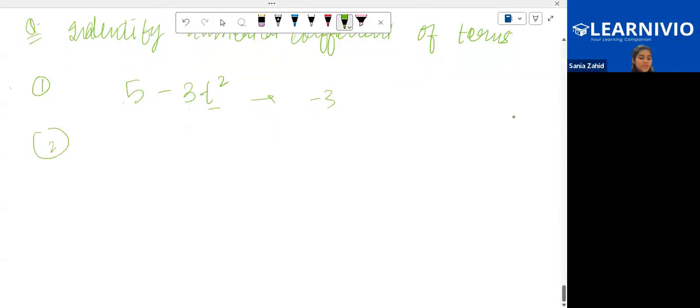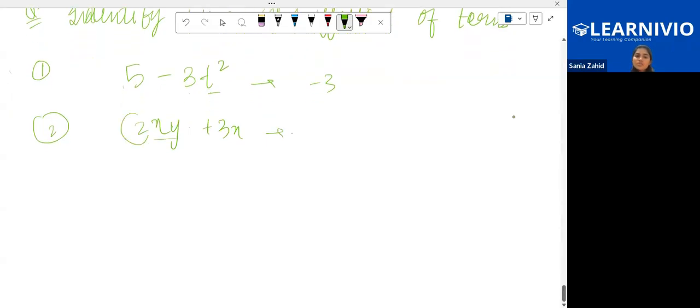This is clear. Now let's suppose you have 2xy plus 3x. In this, what is the coefficient of xy? It is 2. And what is the coefficient of x? It is 3. So when I am just simply saying find the numerical coefficient, you write all the numbers that are attached with the variables. So here the coefficients are 2 and 3. Understood?